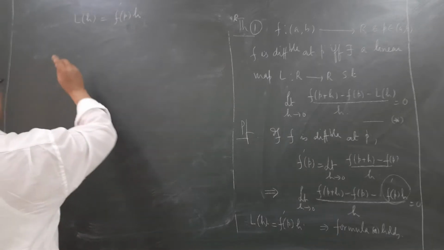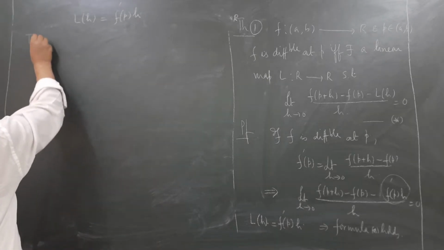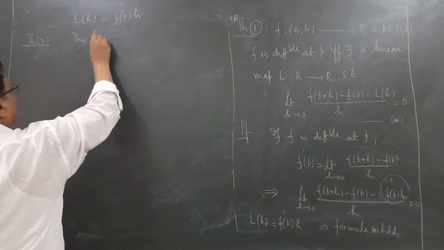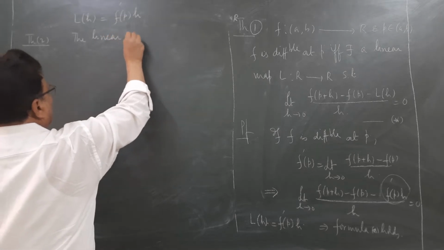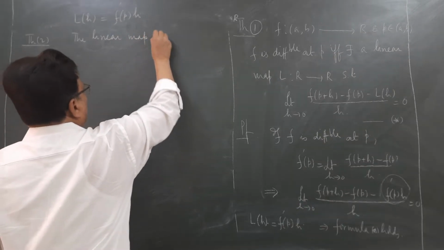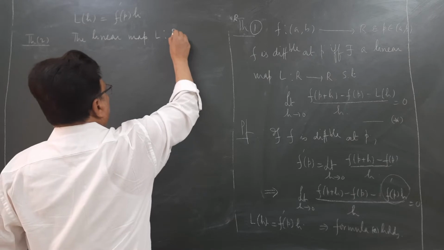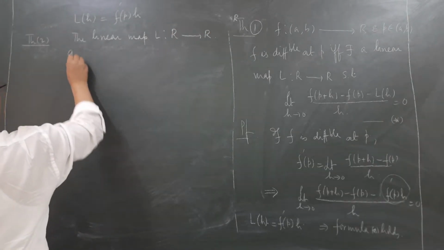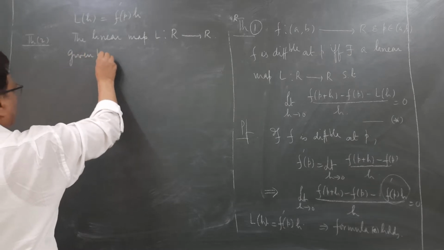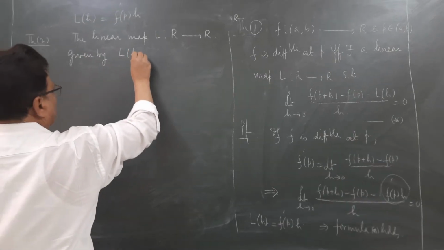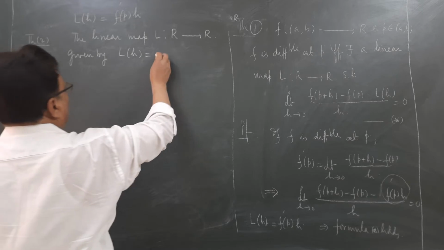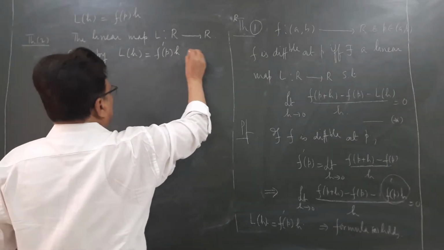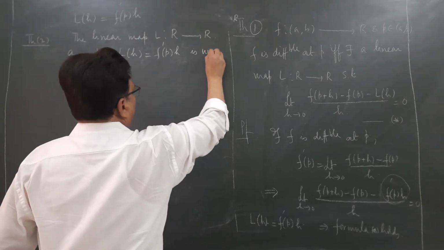There is one more important thing, you can call it theorem number 2. The linear map L from R to R given by L(h) equal to f dash p into h is unique.